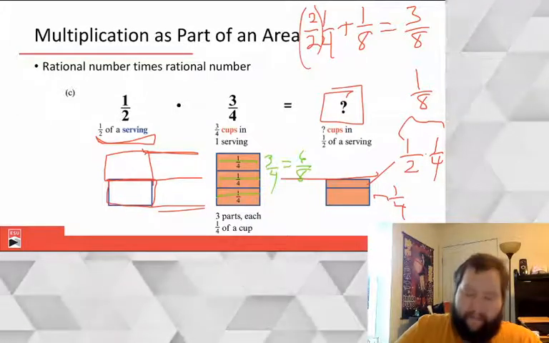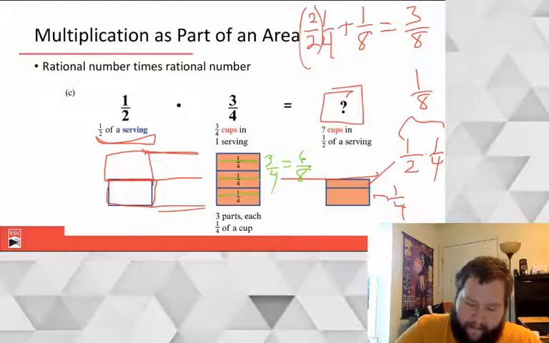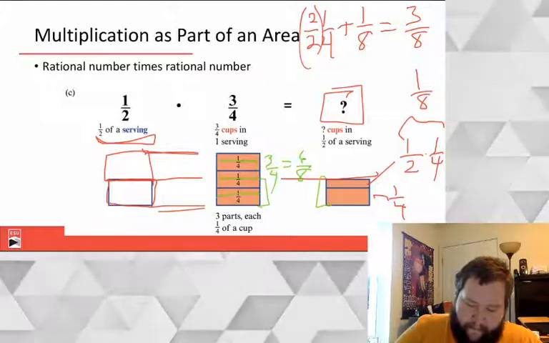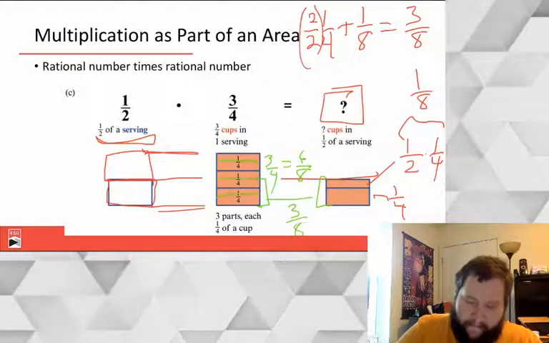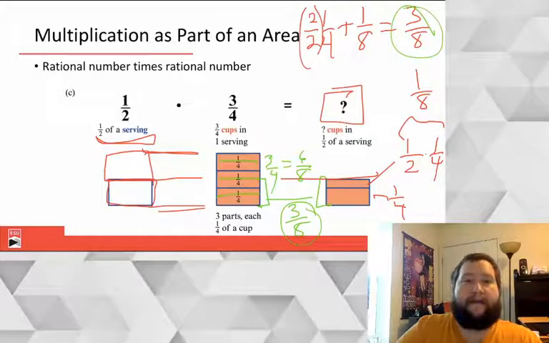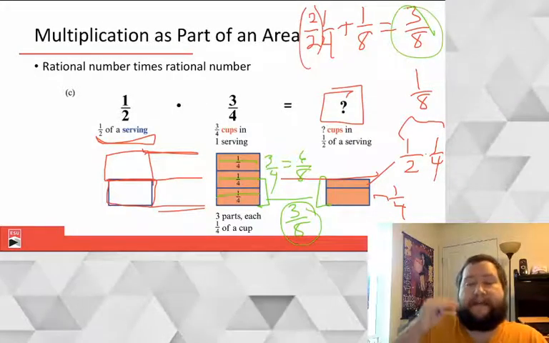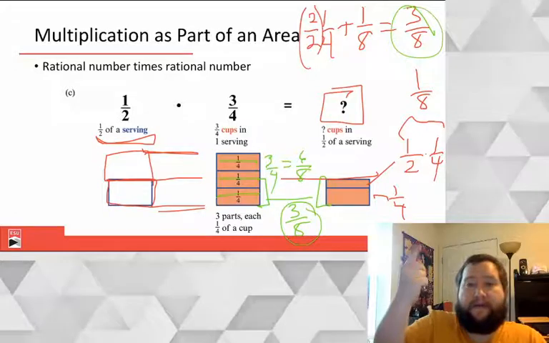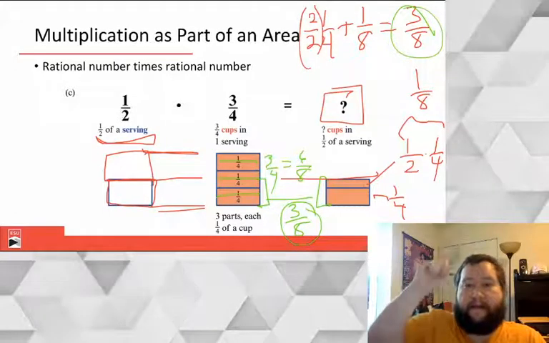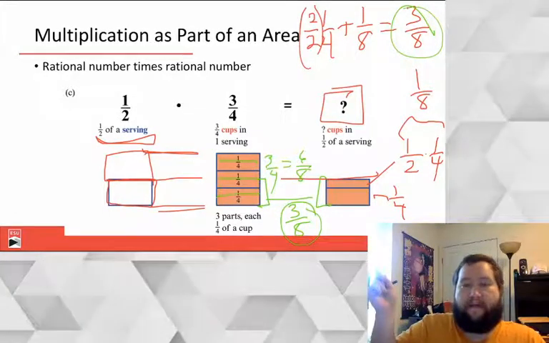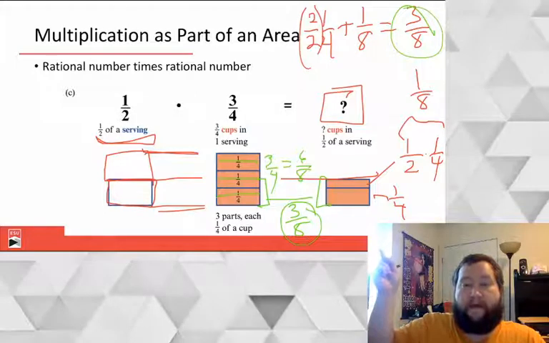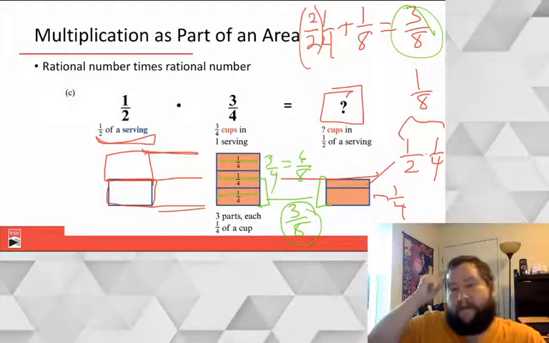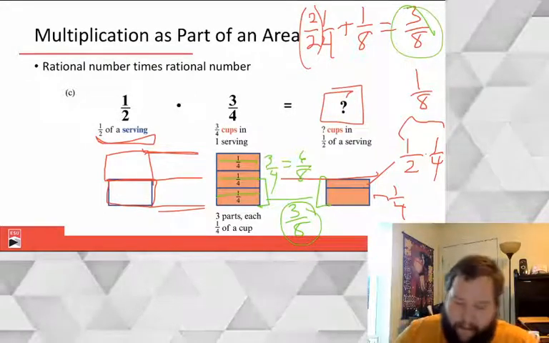And so half of those, this bit, is 3 of those 8ths, which is what we got there. And so you can see how these images can help you not only set up your equation, as we did way up there, but they can also help you solve the problem directly by using the concept of fractions and multiplication.